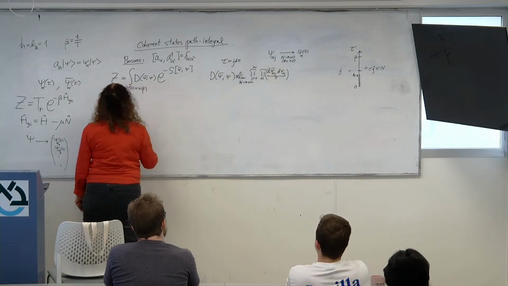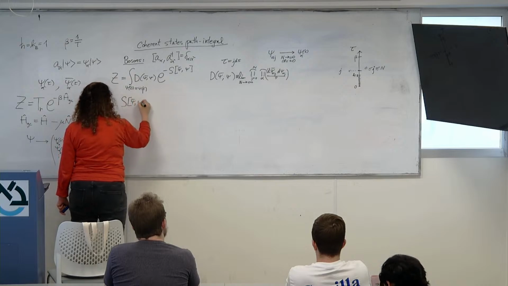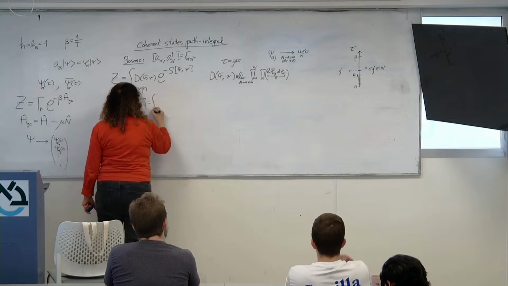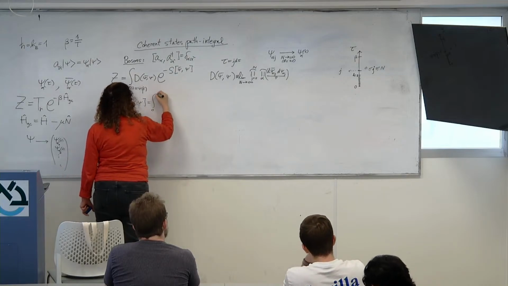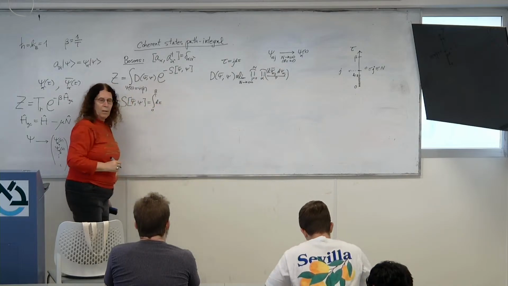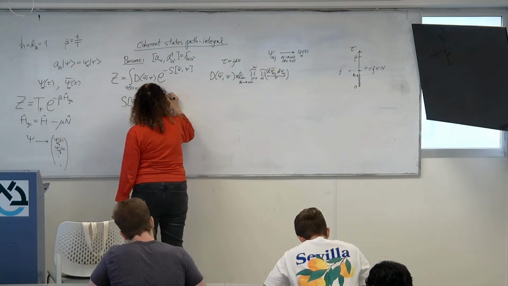So now what is S? So the result we got last time is that S is written as an integral from 0 to beta over d tau of the following expression.